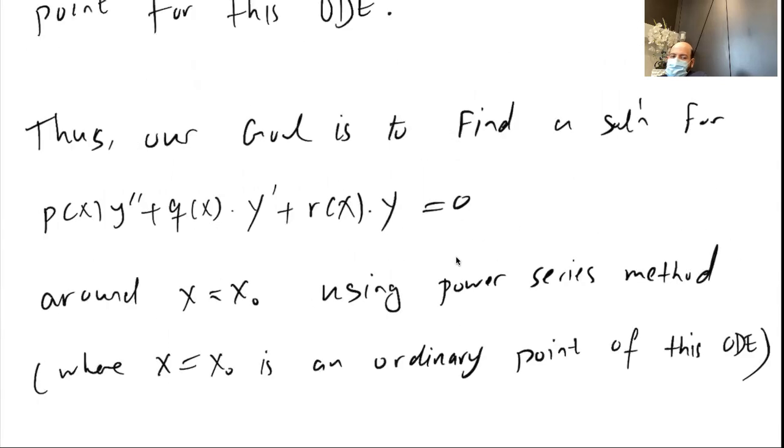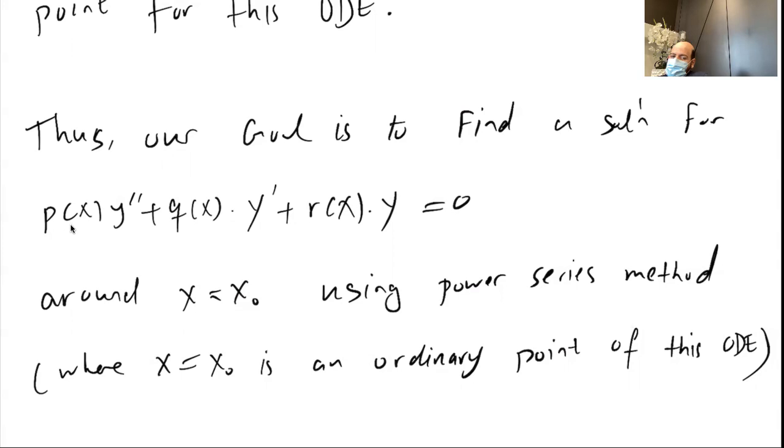We have an ODE, and P of x, Q of x, R of x are polynomials. We have a fixed point x naught, which we assume is not a root of P of x. Why do we assume it's not a root of P of x? Because if it is a root of P of x, then the calculation will be more complicated.